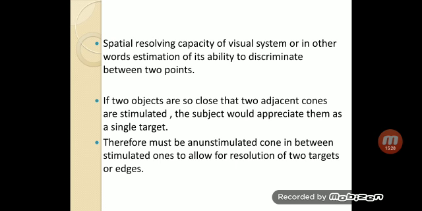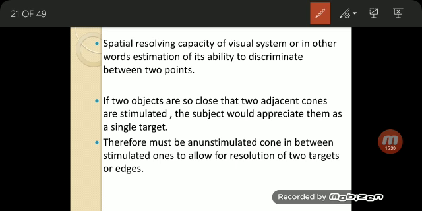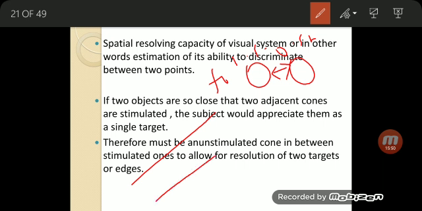This can be explained in the foveal region. The diameter of the cone is about 1.5 microns, and the distance between each cone is about 0.5 microns. So if two objects are close, the two adjacent cones are stimulated, and the subject would appreciate it as one.